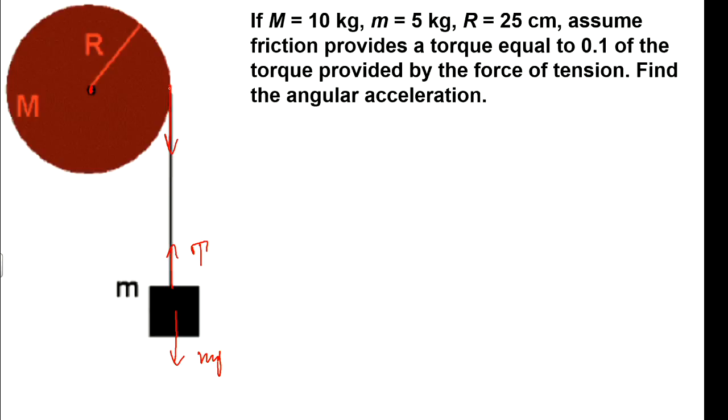We know that, well, technically this is a different force because it points differently, but we know that an ideal string doesn't change the magnitude, so we just call T the magnitude of the force of tension.